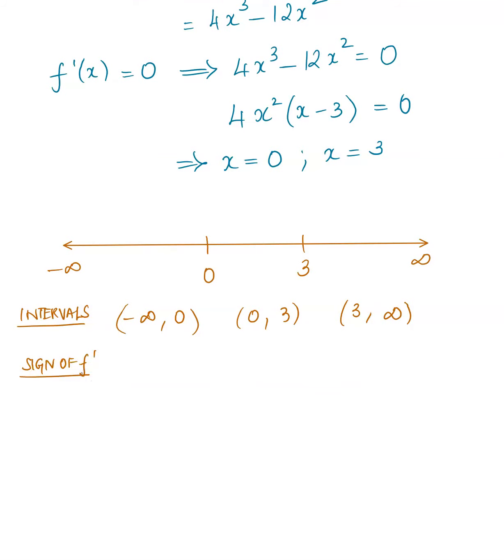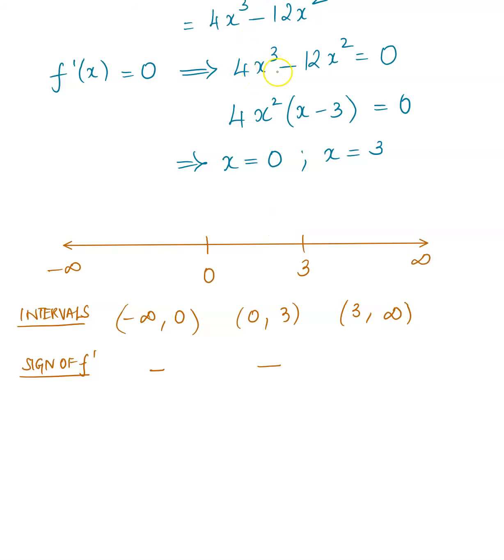Sign of f prime. Choose a test point from negative infinity to 0. You could choose negative 1 perhaps, and plug that in your f prime. 4 times negative 1 the whole cubed minus 12 times negative 1 the whole squared, and that comes out to be negative. Choose a test point from here as well. I choose 1.